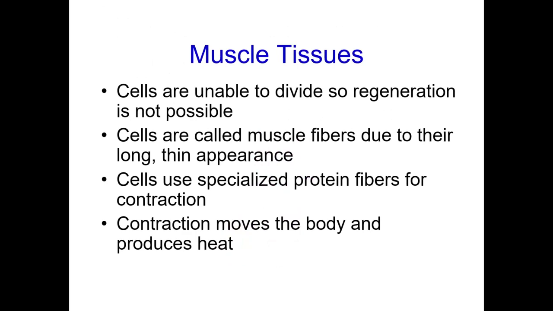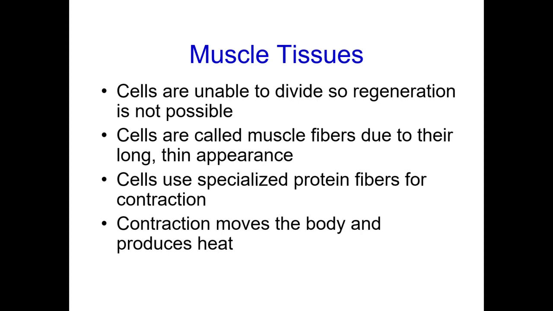Then we have muscle tissue. There are 3 types of muscle tissue. These cannot regenerate because the cells are unable to divide. The cells are called muscle fibers due to their long, thin appearance.